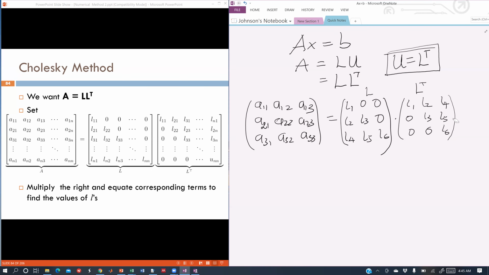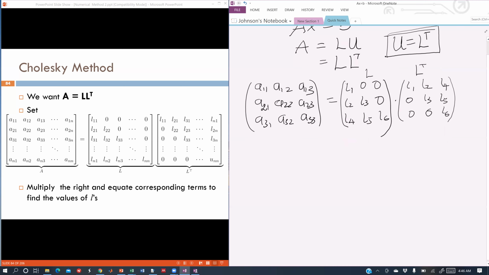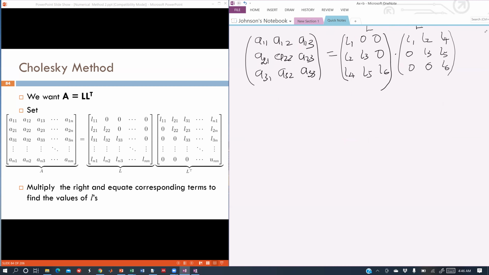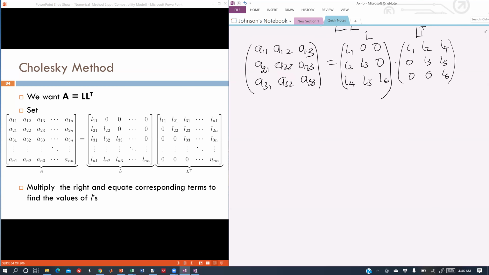So as usual, you multiply the right side matrices into one, and then compare to the entries of the coefficient matrix on your left, and find your L1, L2, L3, L4, L5, and L6 for a 3x3 matrix, and then proceed with the usual steps in solving the system of linear equations using the LU decomposition. So let's do the multiplication and then analyze the answer.